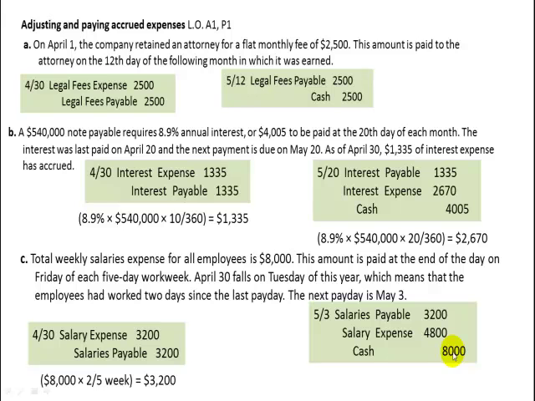It'll split up as follows: 2 days are going to be in April, which we accrued at the end of April, and there it is, the accrual being paid off on May the 3rd, and the other 3 days are going to be Wednesday, Thursday, and Friday, and that will be on May the 3rd, and that amounts to a current salary expense of $4,800. The total amount we're going to pay them on May the 3rd was for the full 5 days, which is $8,000. I believe we're done.